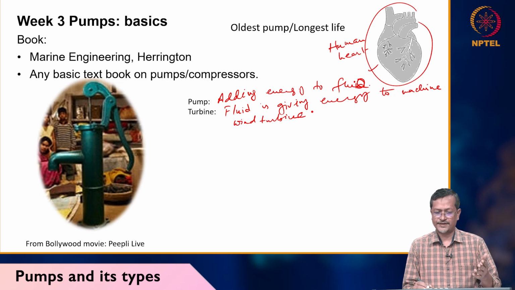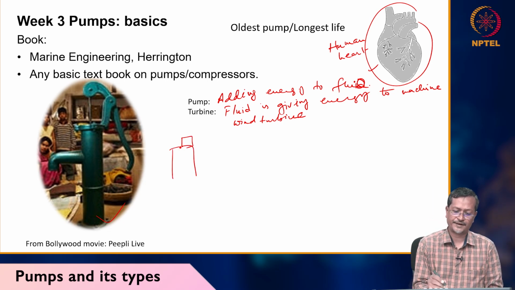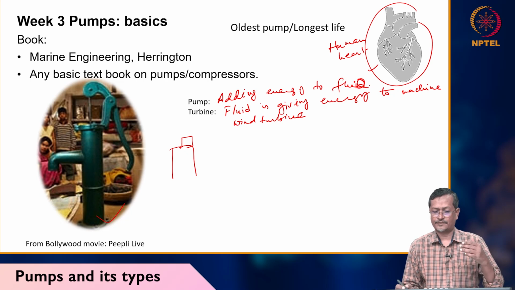And for pumps, you have already seen the human heart as one example. Another is that in Indian rural areas, people get water using a hand pump. In your hostels also you are getting water at the top of the building. Some tank will be there, right? That tank will be filled using some pump.